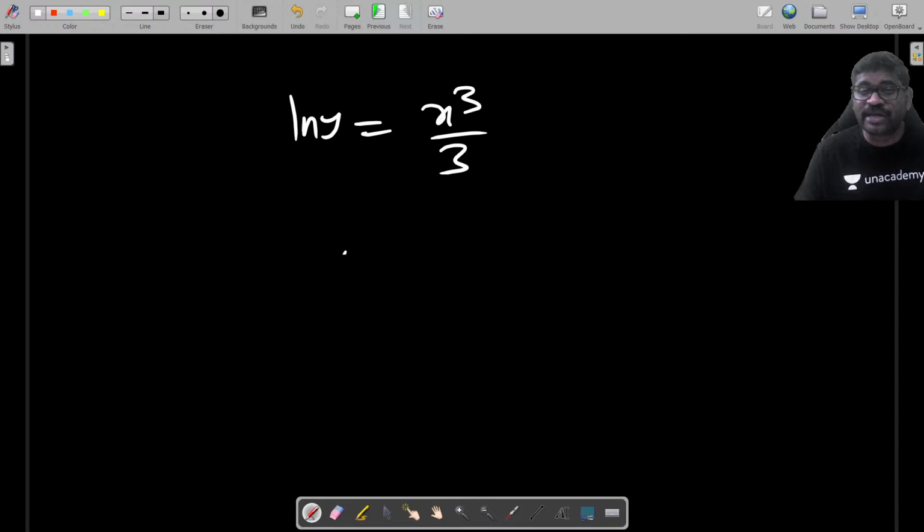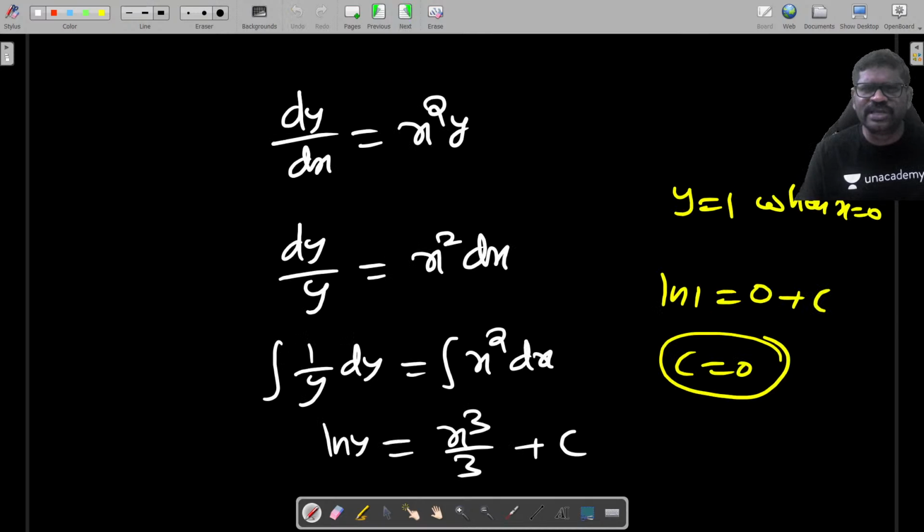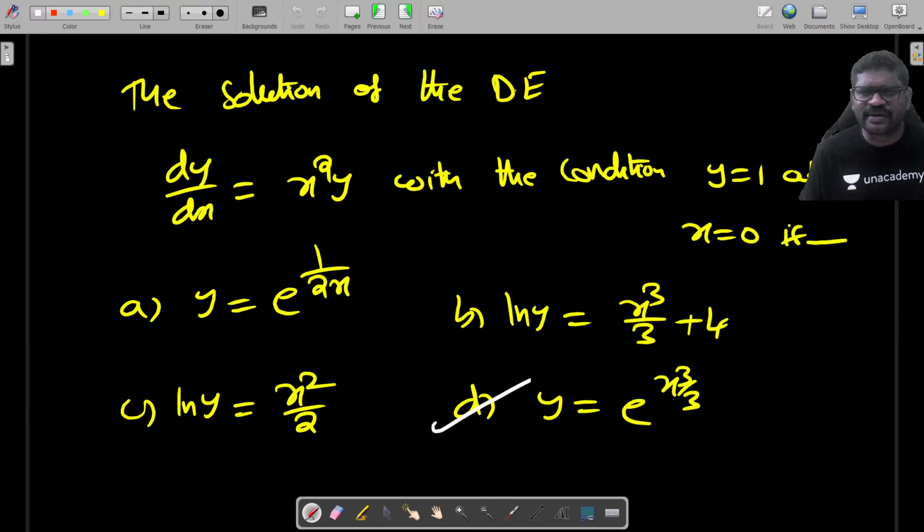By the definition of logarithm, y is equal to e power x cube by 3. So the solution is y is equal to e power x cube by 3. Last option. Understood?